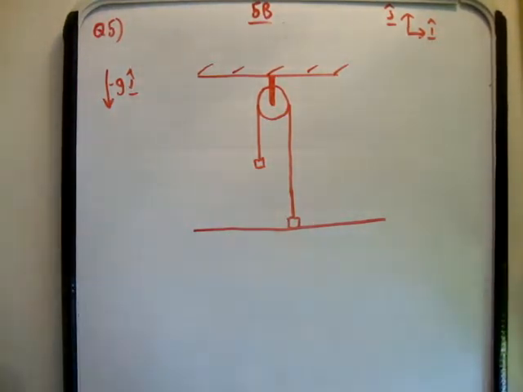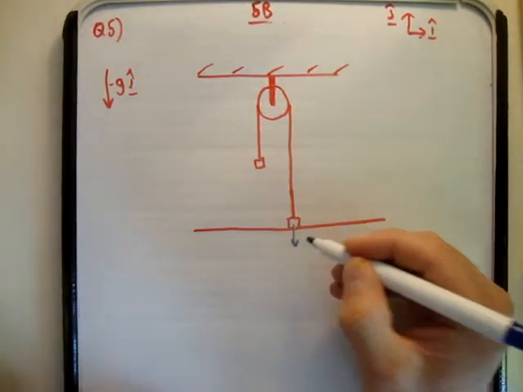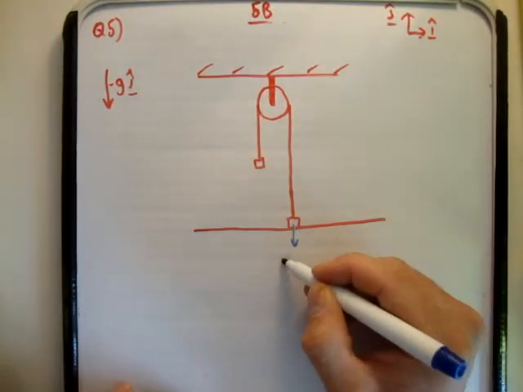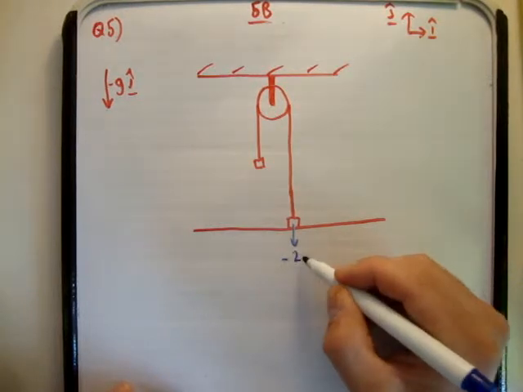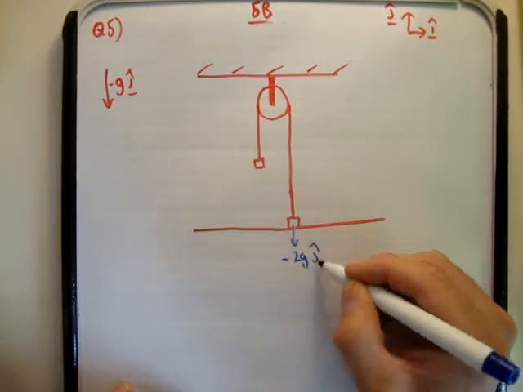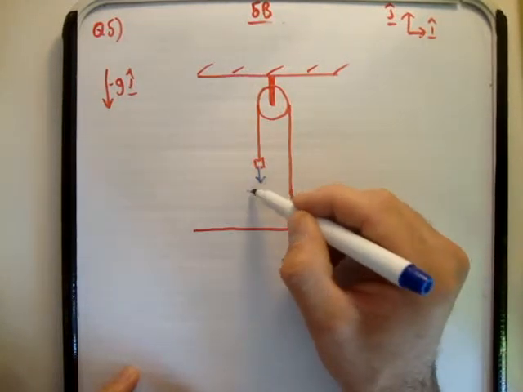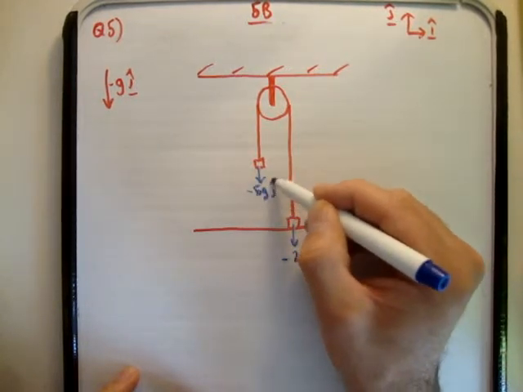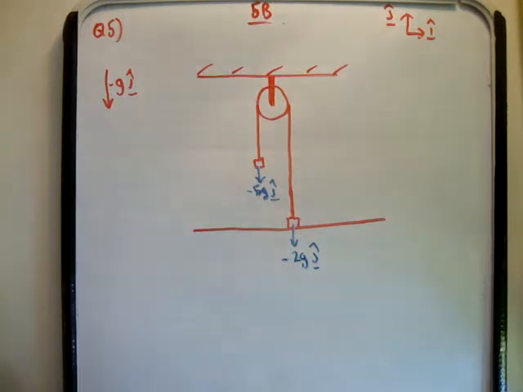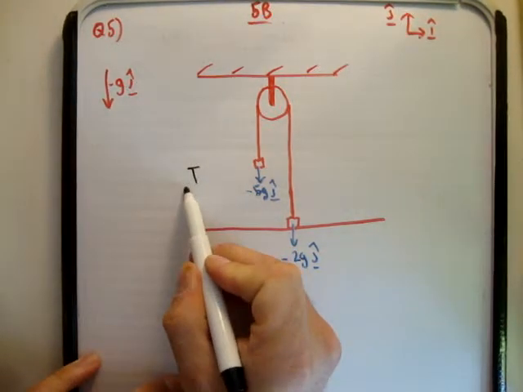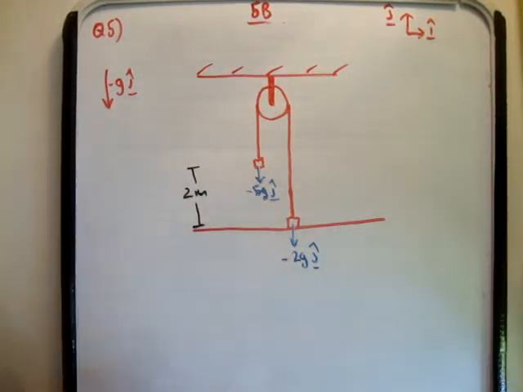We know that this here is 2 kilos, so its weight is going to be equal to negative 2g j hat. This one is going to be negative 5g j hat, like so. We know the distance from the 5 kilo mass down to the ground is 2 meters, like so. Do we know anything else?